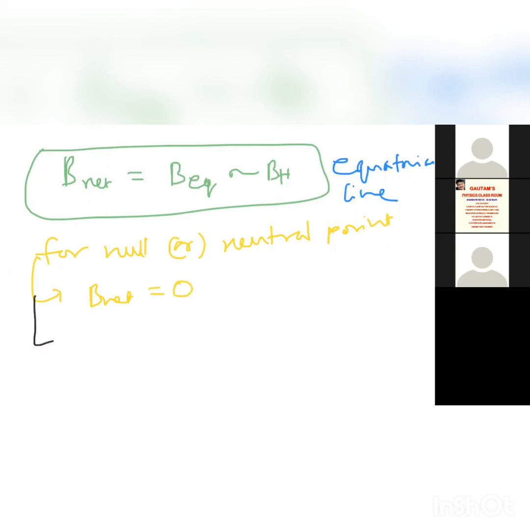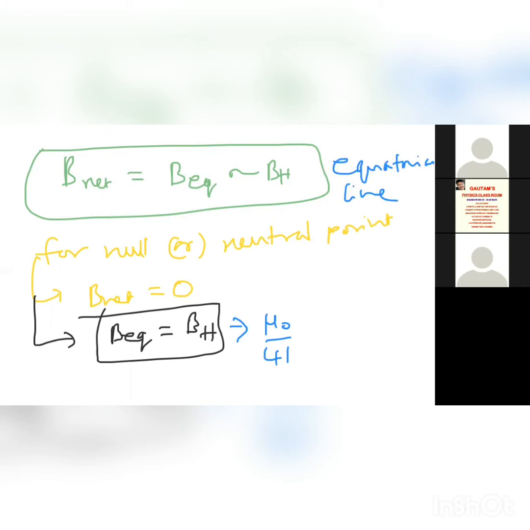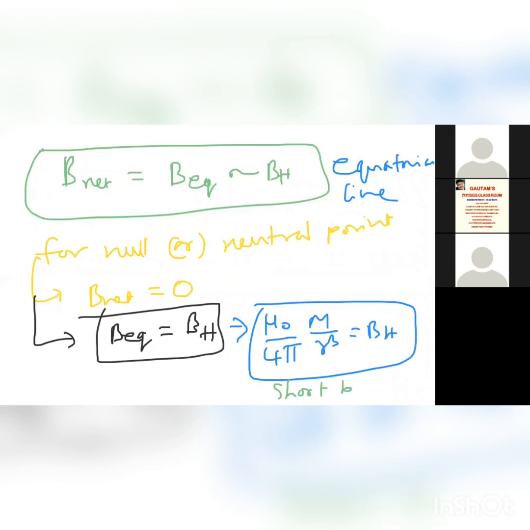Net field is zero means B equatorial is equal to BH. For a short bar magnet, I can write mu naught by 4 pi, M by r cube, is equal to BH.